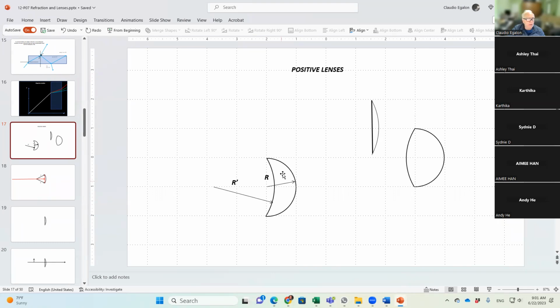Just think of the limiting condition, right? Here is a surface with 1 unit of radius of curvature. It's very protruding, right? The curvature is very intense here.